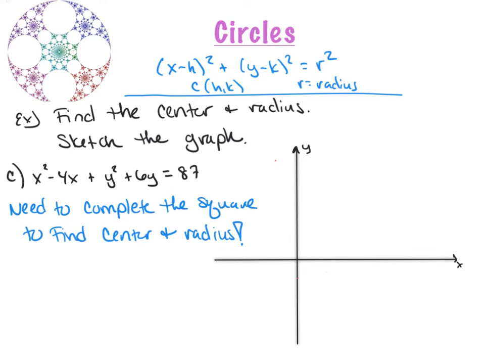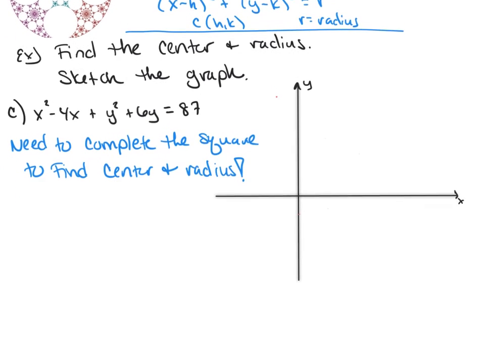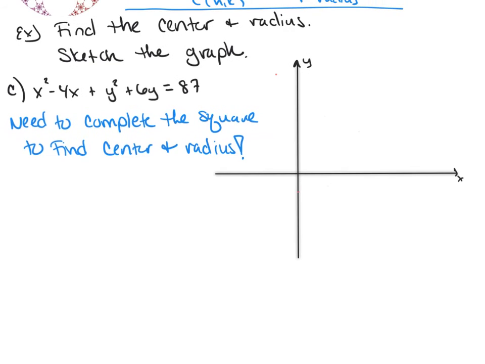I sense we're going to need some room, so let's scooch up the screen and do that. Okay, so here we go. X squared minus 4x, and then I'm going to leave some room there, plus y squared plus 6y, leave some more room, equals 87.